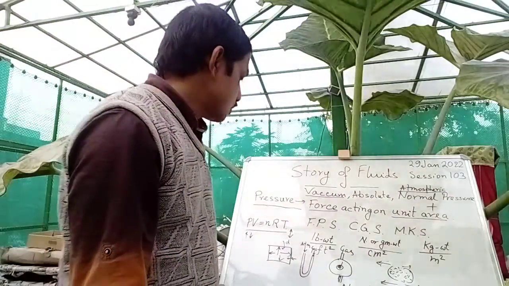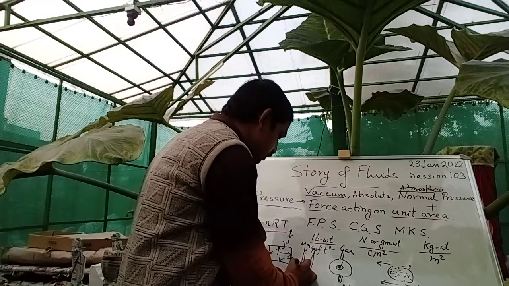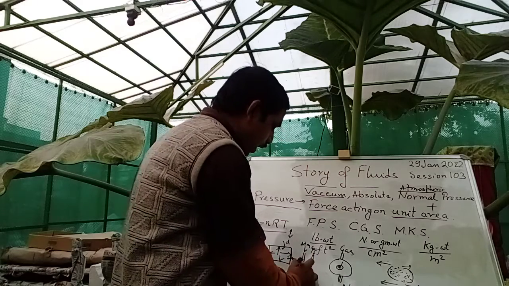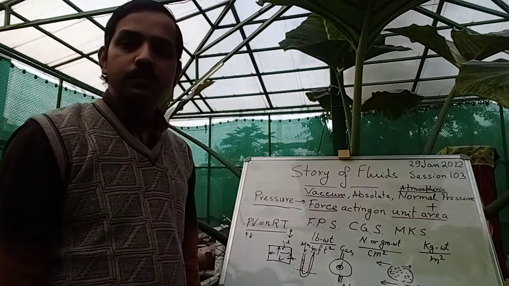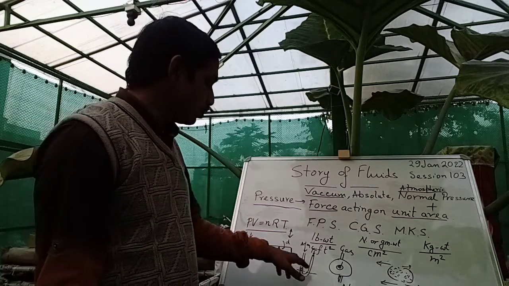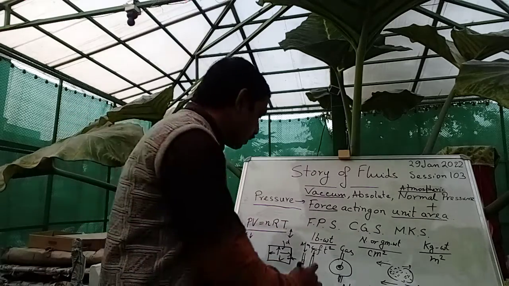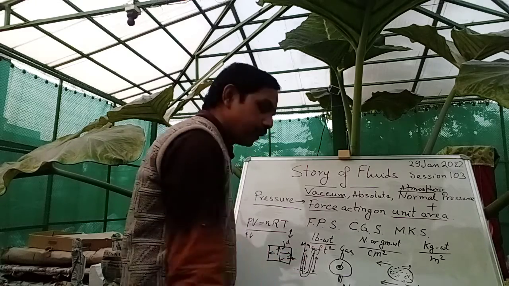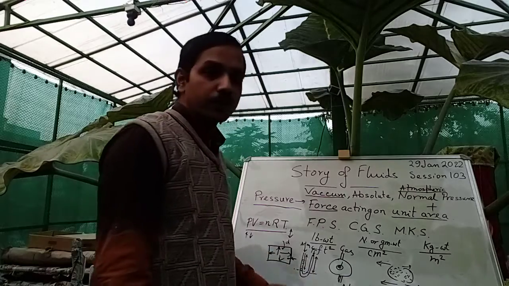So if this is gas and some liquid is standing here, we have to take the reference where both the limbs have the same pressure, and from there we have to find out the weight of the column, because that is the pressure acting on the reference level.